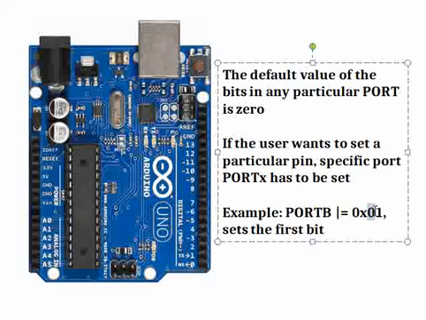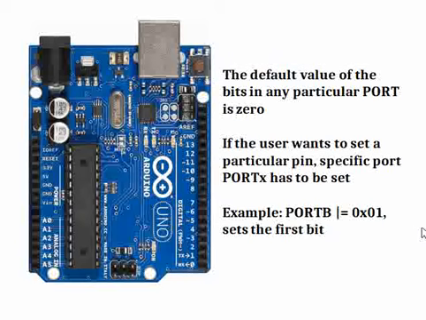That means in this hex you have 4 zeros, and then this is 0001. That means you are setting the first bit of that particular register to 1. So you are using the first pin of that port. That's how you set it. So first we have set the direction, and now we have set the port pin. That means you have enabled it to high.